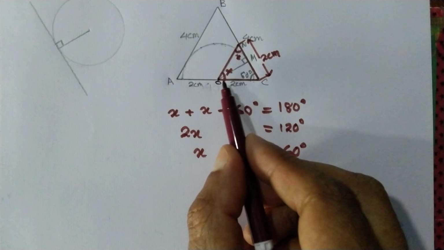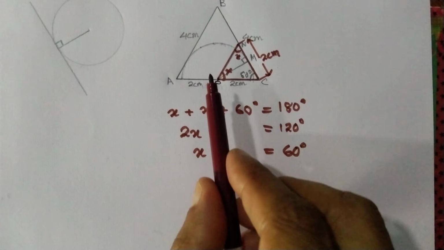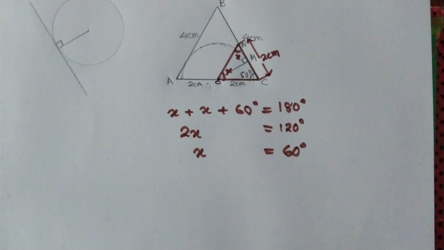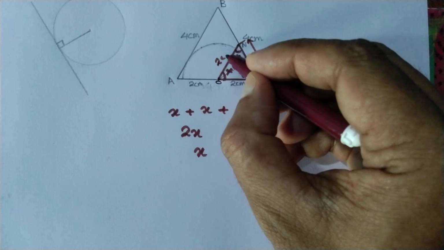Hey, we find that all the three angles in smaller triangle are equal, or smaller triangle OCN is an equilateral triangle. And thus it follows that ON measures 2 centimeter.